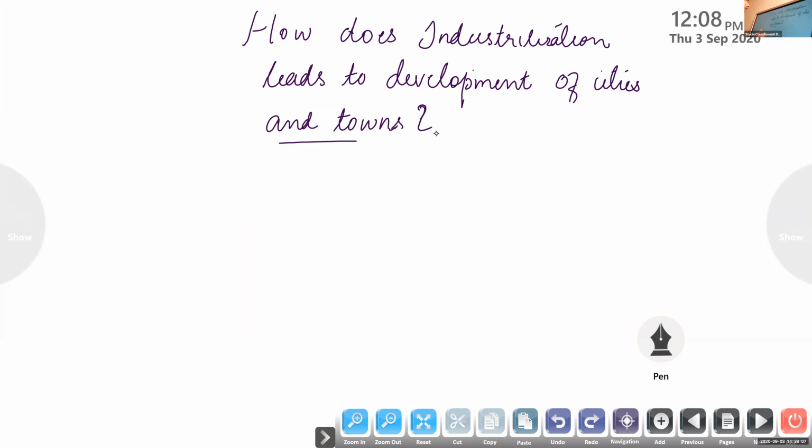What is the meaning of urbanization? Development of cities and towns from a village. That is urbanization, right? Definitely it will change the face of that village. How does it do that?